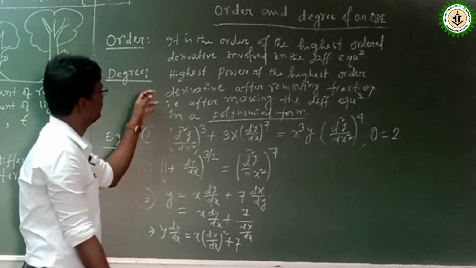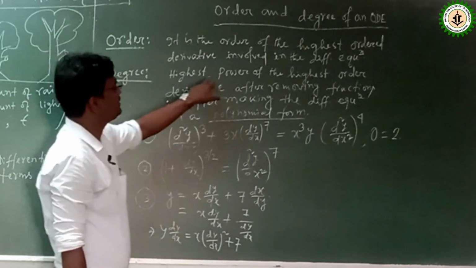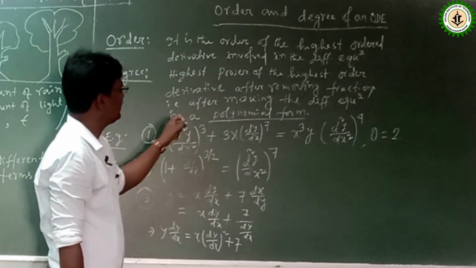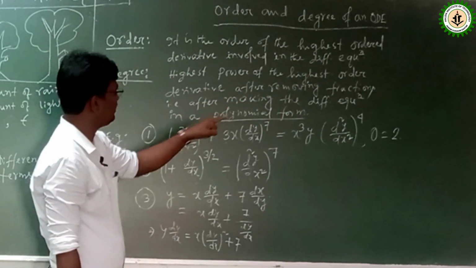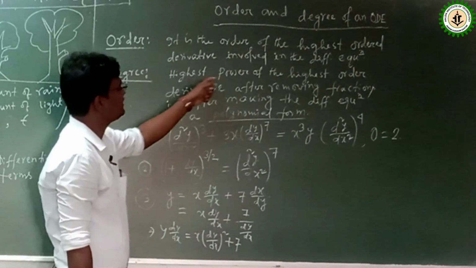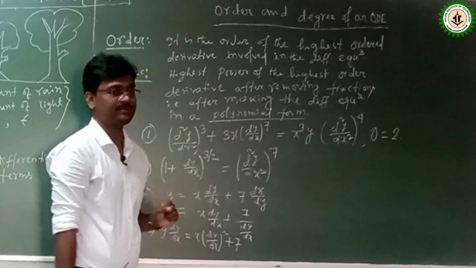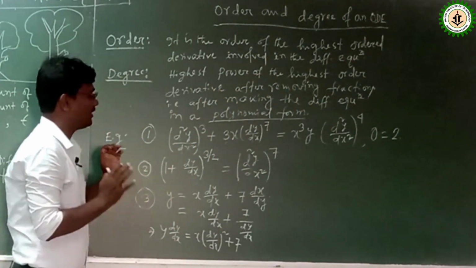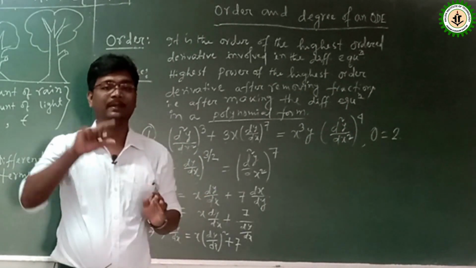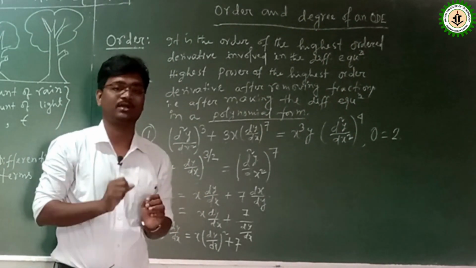Okay. Now degree. Degree is the highest power of the highest order derivative after removing fractions, that is, after making the differential equation a polynomial. What is the meaning of that? Highest power of the highest order derivative. That means you first find the highest order derivative, then you find the maximum power of this highest order derivative.